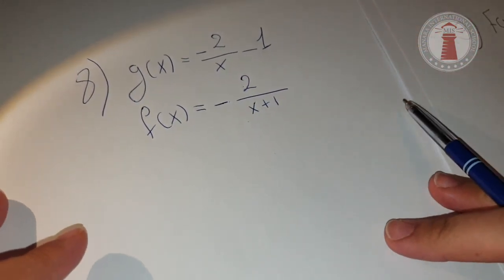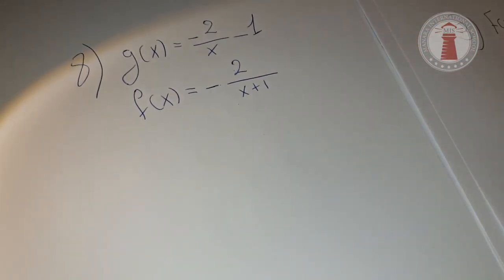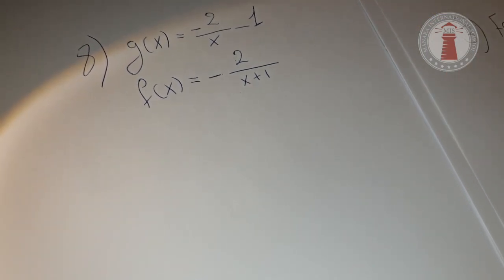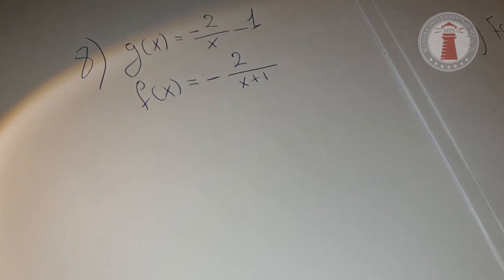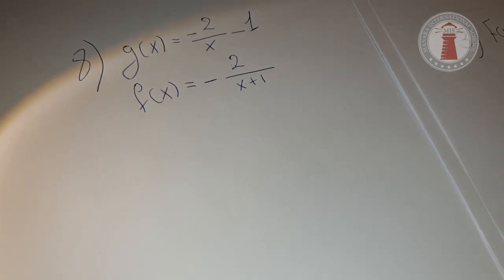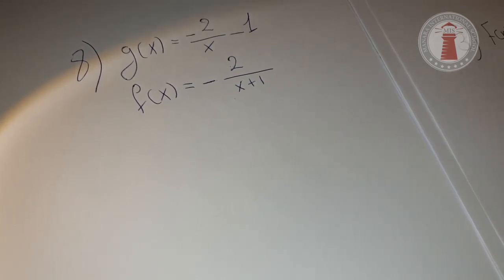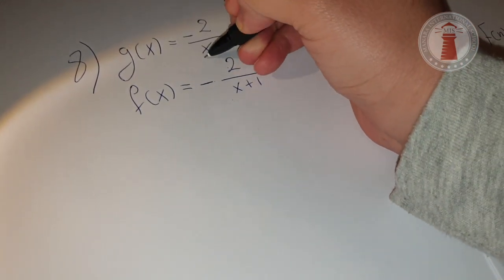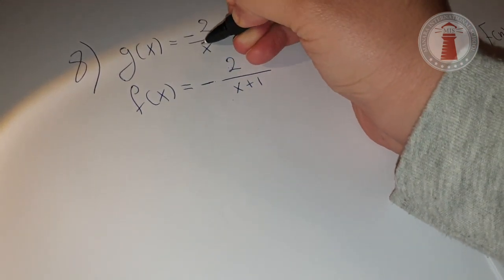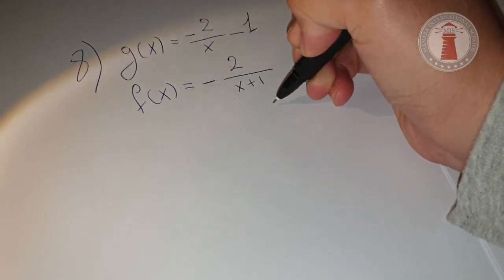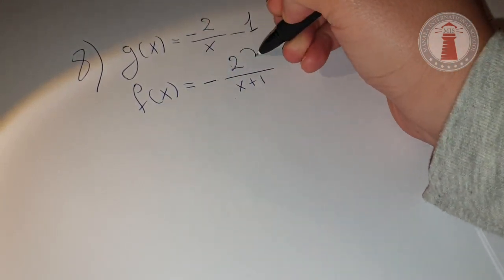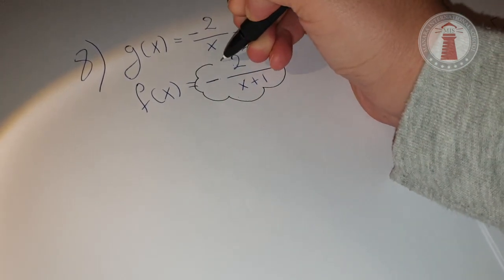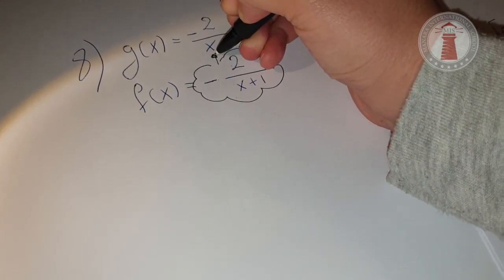Now, again, we're going to use the composition way to find if these two are inverses or not. Okay, let's start. Now here we have x right here. So instead of x here, we're going to put this whole function.